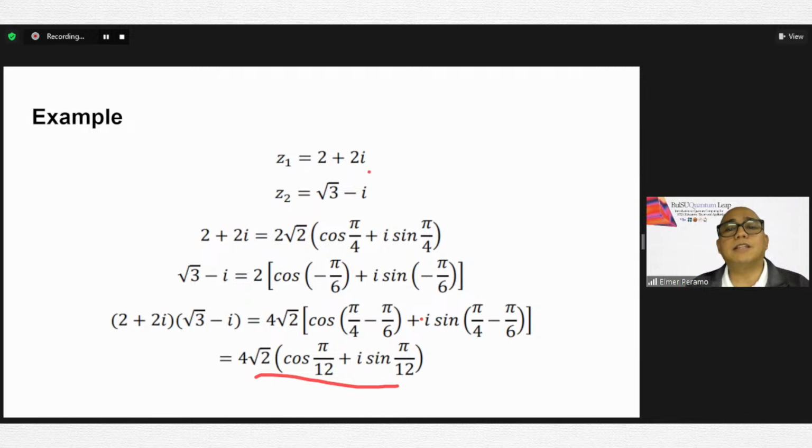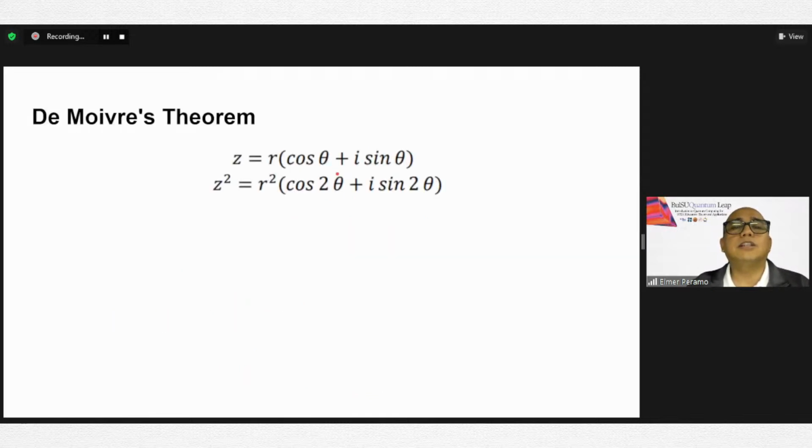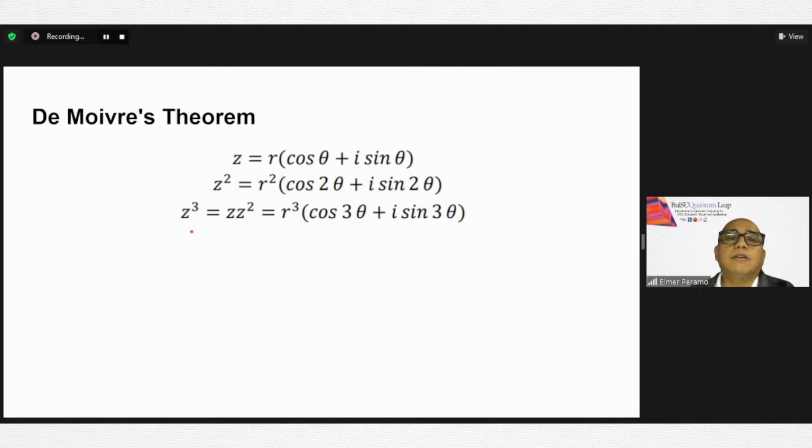If you multiply this by itself, you can generalize that basically you're just getting the powers of r and then compounding the number of angles. For example, if the power is 2, the power of your r is also 2, but in terms of angle, you just multiply it 2 times. Same here, z cubed is equal to r cubed cosine 3 theta plus i sine 3 theta.